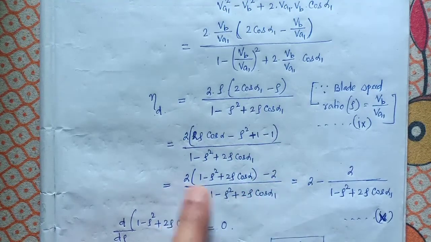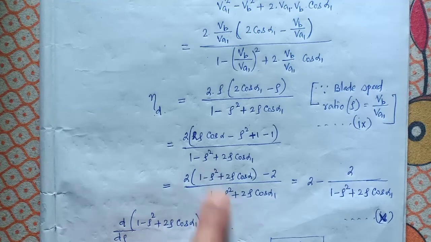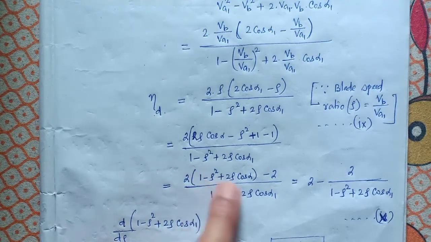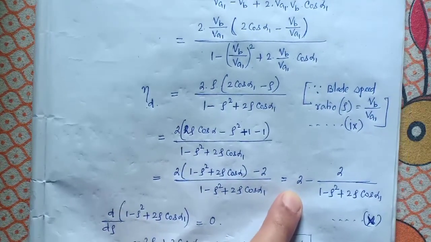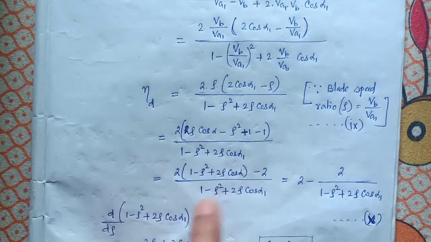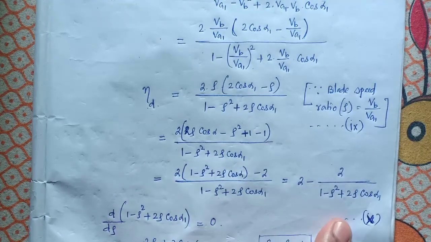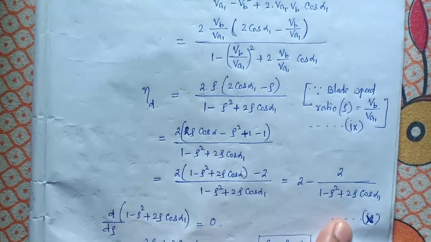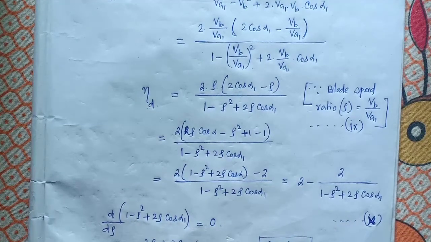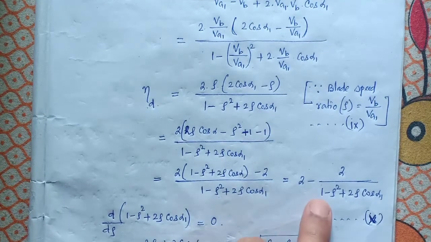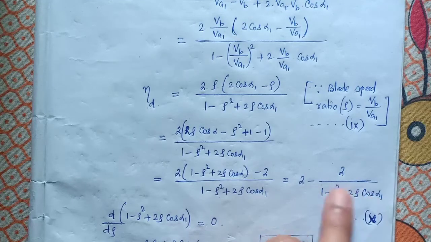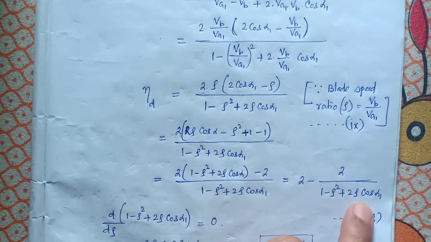So this by this one, we'll have only 2 minus 2 divided by this one. Now the efficiency would be maximum when this denominator, 1 minus rho square plus 2 rho cos alpha 1, is maximum.